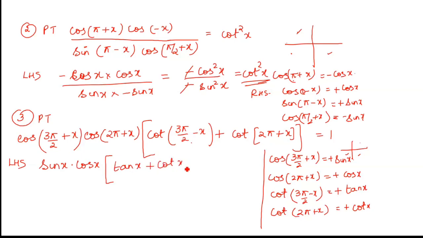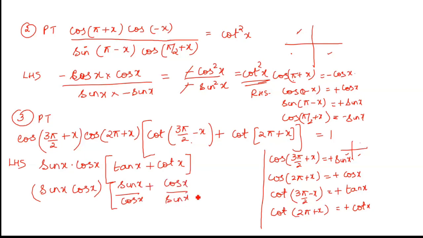Now I want to reach 1. What is tan? Tan is sine by cos. What is cot? Cos by sine. So let us write that. So sin x cos x, write outside as it is. So write this tan as sine by cos, and cot as cos x by sin x. These ideas should come to your mind when you look into the question.